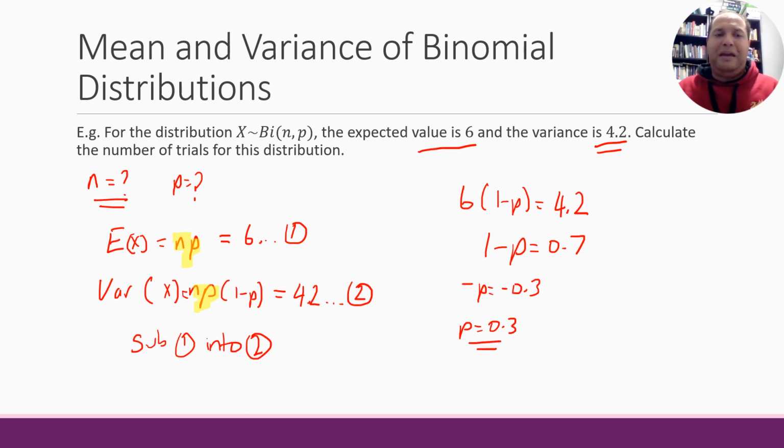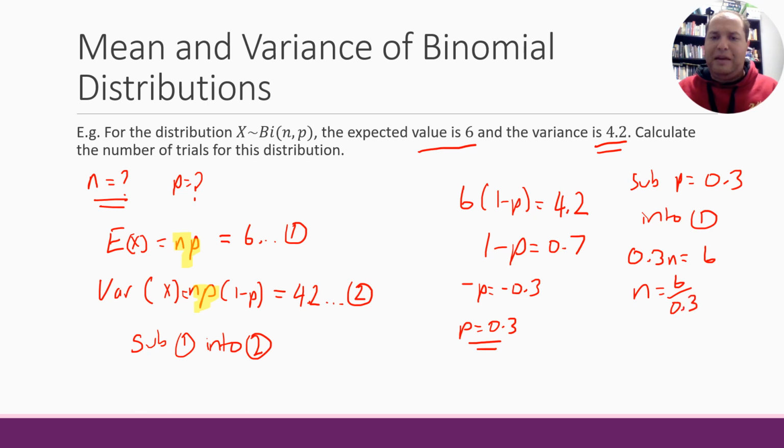Now that I've got P, I should be able to work out N. Let's sub P equals 0.3 into equation 1, because that will just be easier. So 0.3N equals 6. N equals 6 over 0.3.